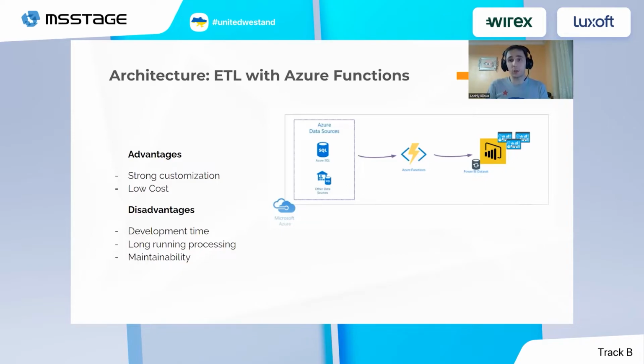Maintainability is also hard, with the code and monitoring. Azure Functions also has a limitation of only 1.5 gigs of RAM on the consumption plan. Those were the disadvantages, and we decided to see what else we could do.